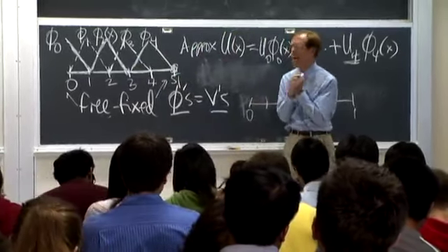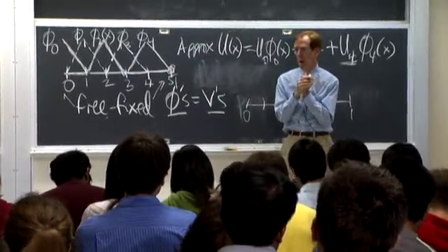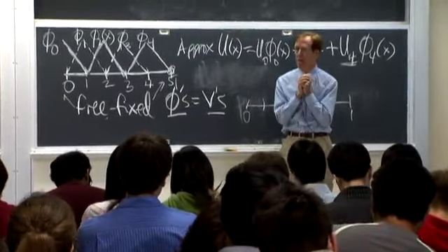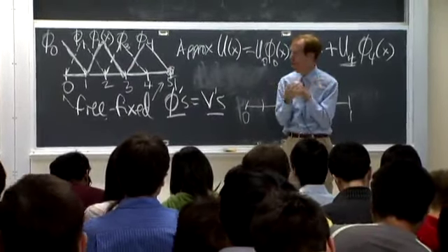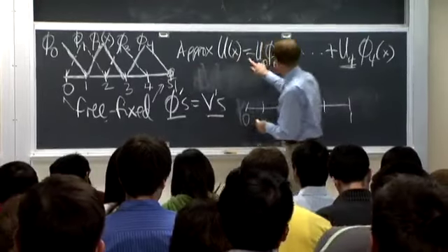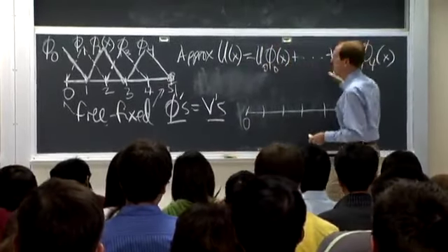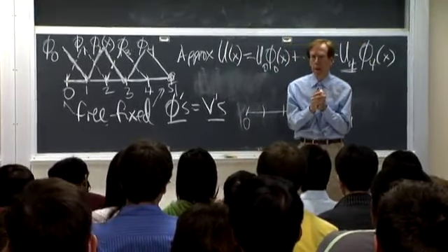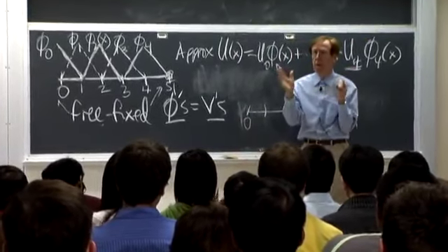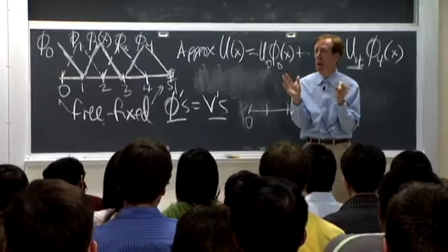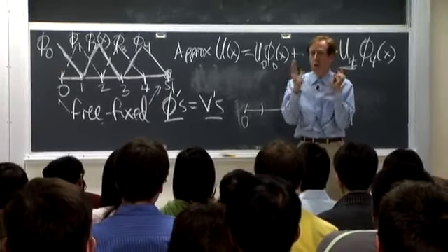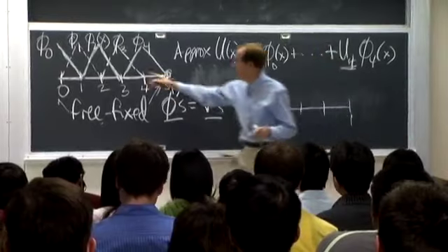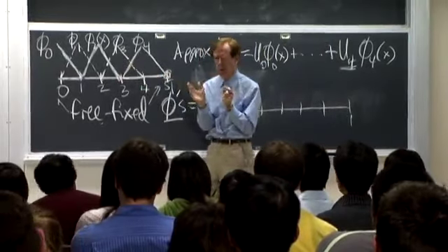Now suppose I take a combination. What kind of a function do I get? How would you describe a combination like this of those 5 guys? What will it look like? Between every node, it will be a straight line, right? Because all these guys are straight between nodes.